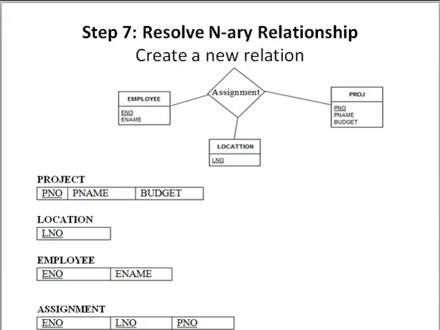So again, in step 1, we would have identified the strong entities: employee, project, and location. And in this step, we would create a new relation, let's call it assignment, and the attributes of assignment are the primary keys of the entities participating in the relationship. And that concludes this video.